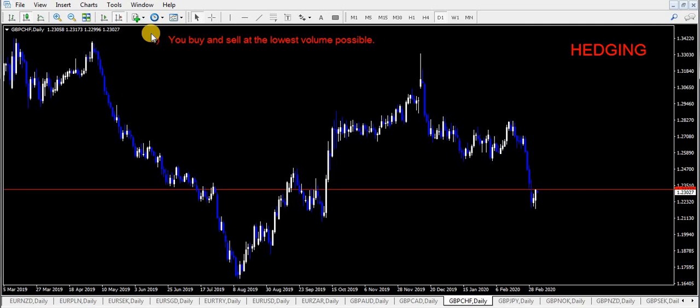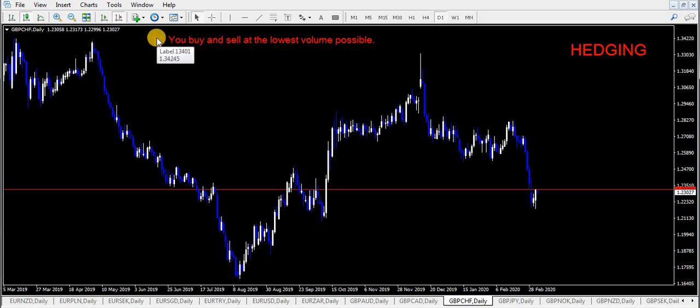Now make sure you buy and sell at the same volume. The lowest volume possible for most forex pairs, as you know, is 0.01. Though some pairs like oil, there are some brokers that insist that before you trade oil, you should take at least a standard lot, some 0.1, that's a mini lot.